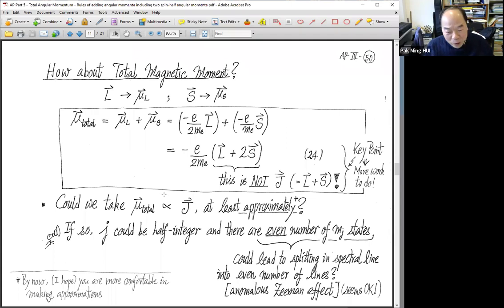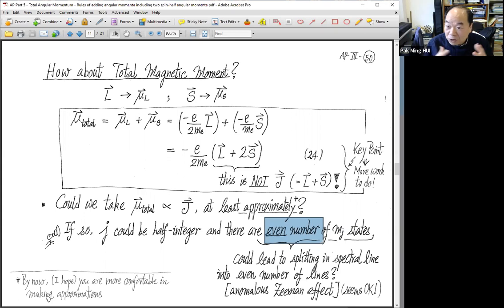Let's say if we can argue that this is a good approximation, then some nice things will happen. For example, we have seen J has a quantum number that could be 3/2, 1.5. Then if we apply an external magnetic field, we know that will split the mJ degeneracy. We discussed such physics in the Zeeman effect. If this is the case, then we can get an even number of splittings in a spectral line.